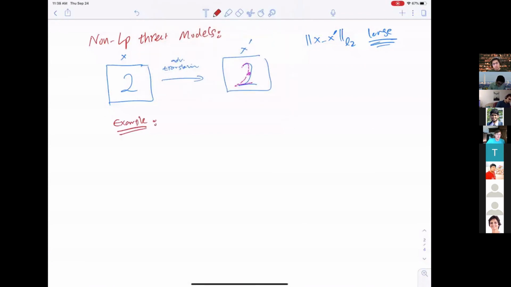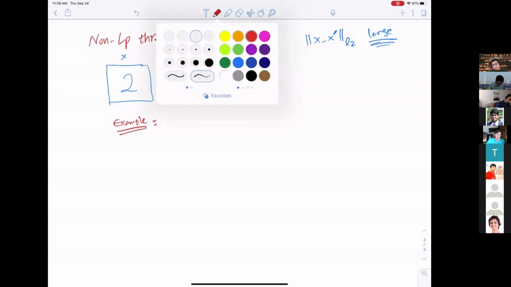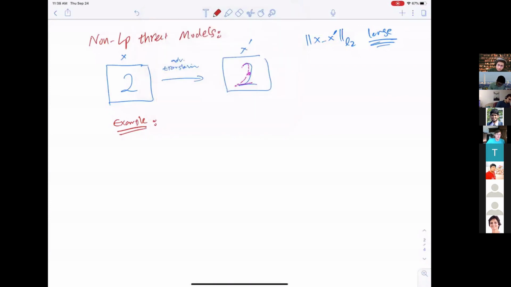So one threat model is defined based on optimal transport or Wasserstein. We are going to talk about optimal transport and Wasserstein measures in lectures on generative models. But roughly speaking, a Wasserstein or optimal transport measure measures the cost of transportation between 2 distributions.